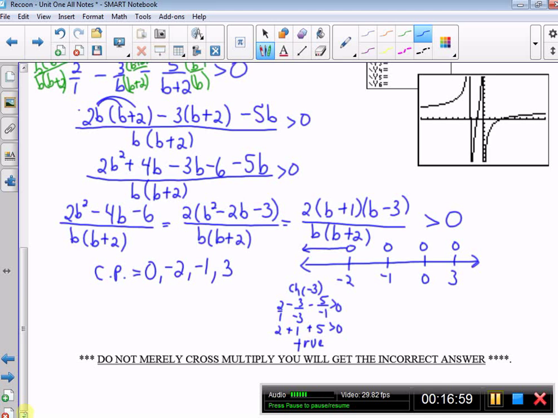And then, let's see, another one I could check. Let's check 4 over here. So that's going to be 4 minus 3/4 minus 5 over 4 plus 2, 6 is greater than 0. So let's make this 12. So 4 times 12, 48.